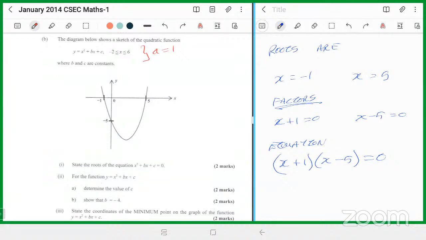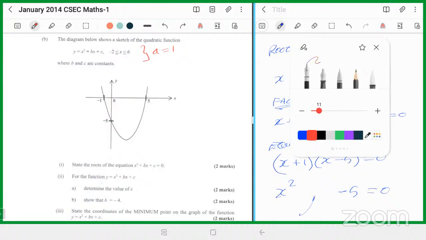And then to get the equation, we just need to expand this out. The x times x, we're going to get x squared. The third value is the product of this and this, which is 1 times -5, that is -5, equals 0. Remember, the term in the middle is the sum of the far product and the near product.